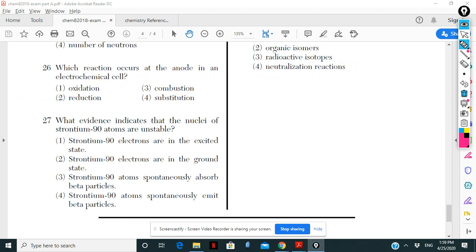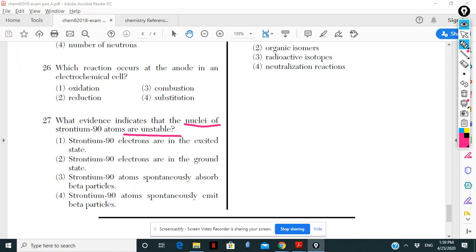Question number 27. What evidence indicates that the nuclei of strontium-90 atoms are unstable? Here, when I'm talking about the nuclei being unstable, I'm not talking about electrons at all.